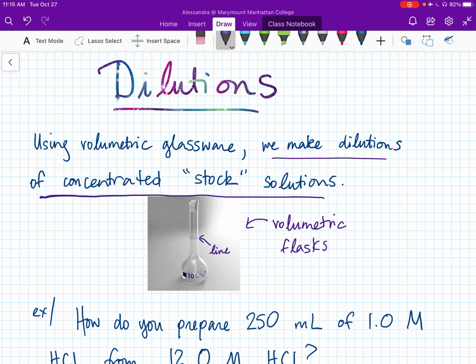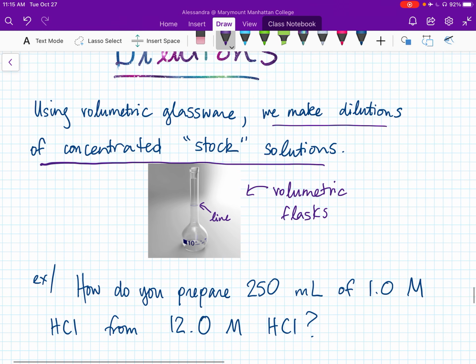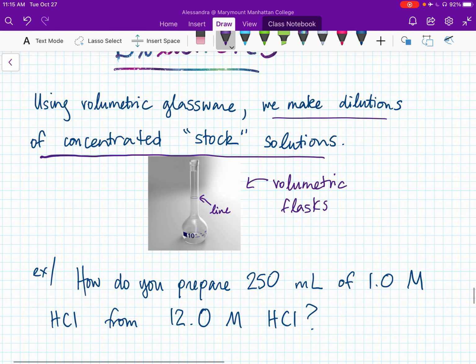So we need to know how to manipulate molar concentrations through stoichiometric calculations to figure out how to make these kinds of dilutions. For example, how do you prepare 250 milliliters of 1 molar HCl from 12 molar HCl?